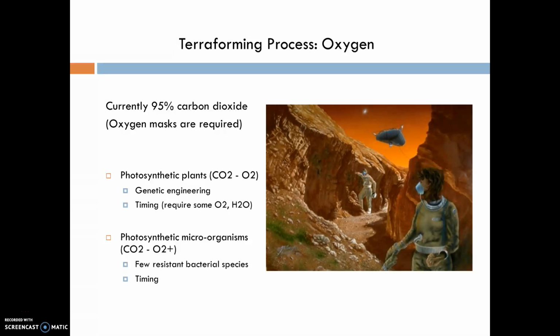But in order to change that, we will need to start planting photosynthetic plants through genetic engineering. Change the plants so they can survive the harsh environment of Mars, as well as photosynthetic microorganisms, a few resistant bacterial species that can survive the harsh environment of Mars as well.